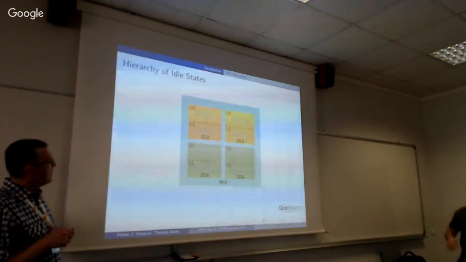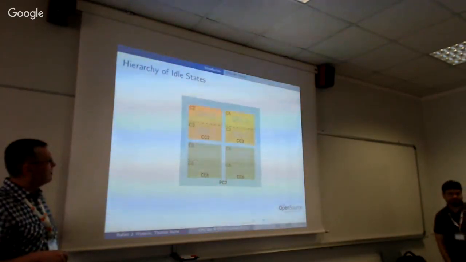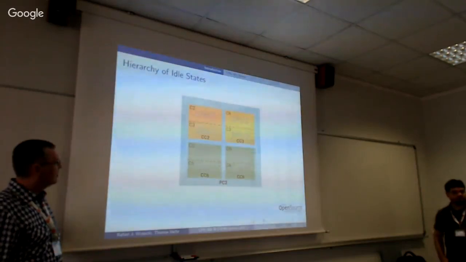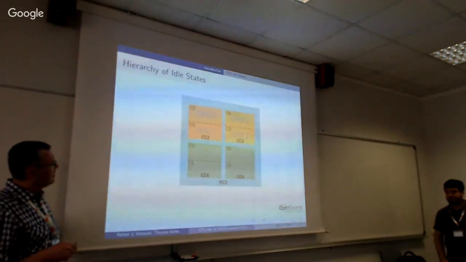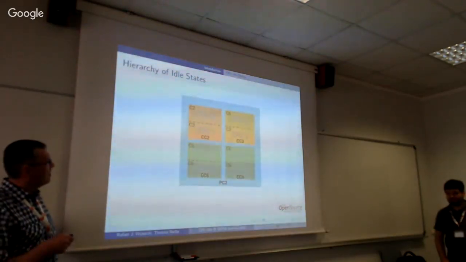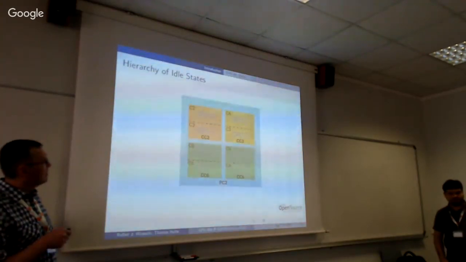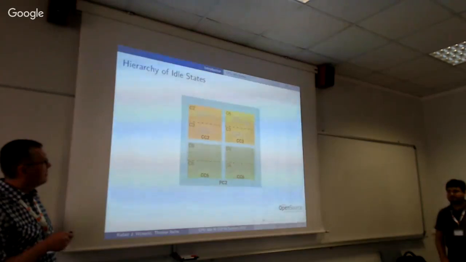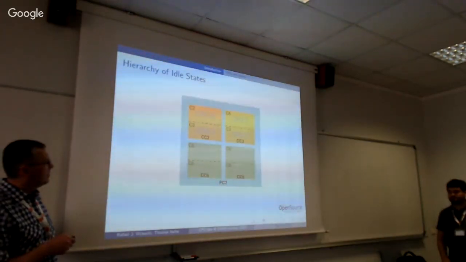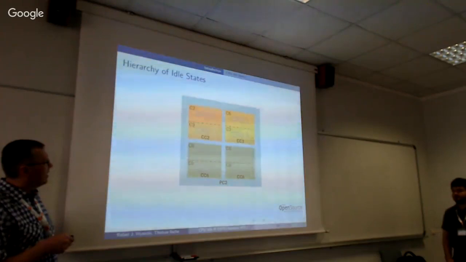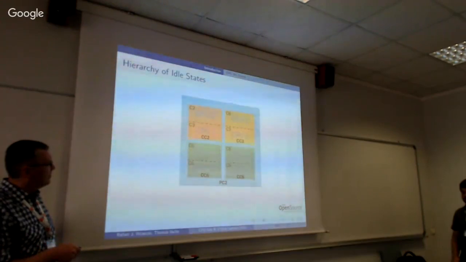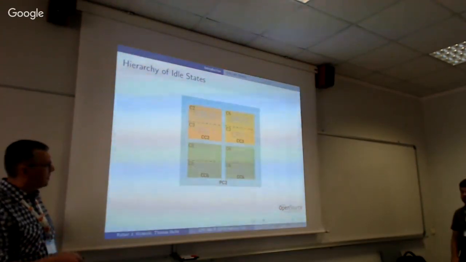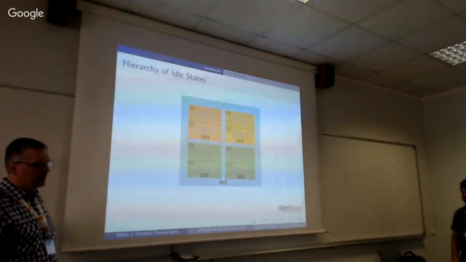Usually the numbers are from 1 to something like 6 or 7, or even 10 on some processors, and there's a hierarchy of states. So if both of the hardware threads in the same core request a deep enough state, then the core as a whole can be put into a corresponding core state. And if all of the cores are in deep enough idle states, then the package as a whole can be put into a corresponding idle state for a package.